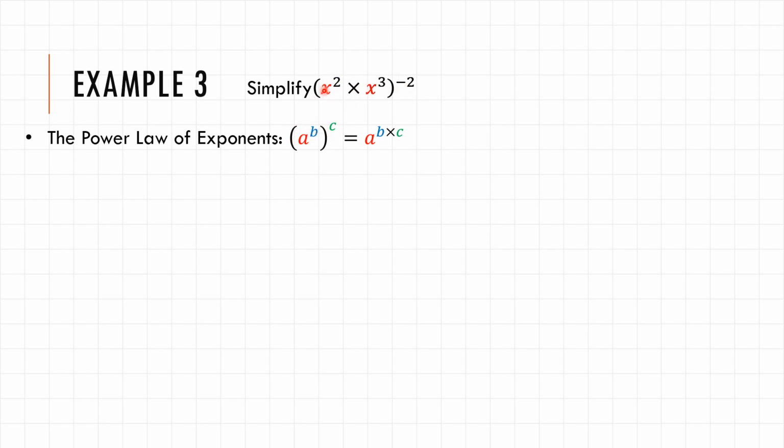These two powers have the same base, which means I can use the product law to add their exponents together, and 2 plus 3 is 5. And now I'm in the situation where I have a power to the exponent of yet another number. So in this case, I can multiply the two exponents, and 5 times negative 2 is negative 10.